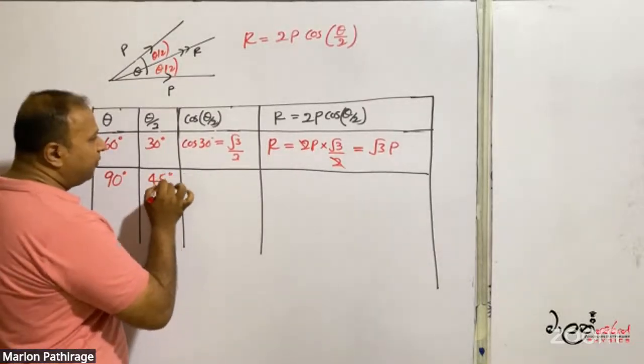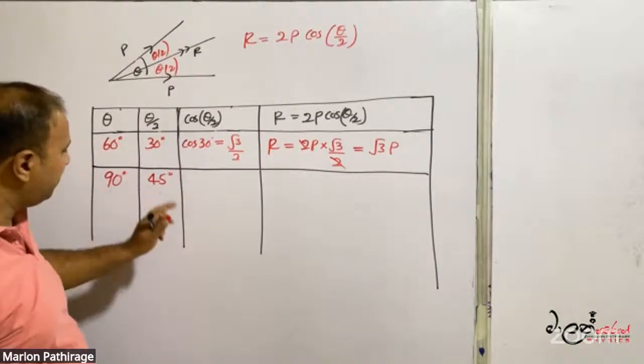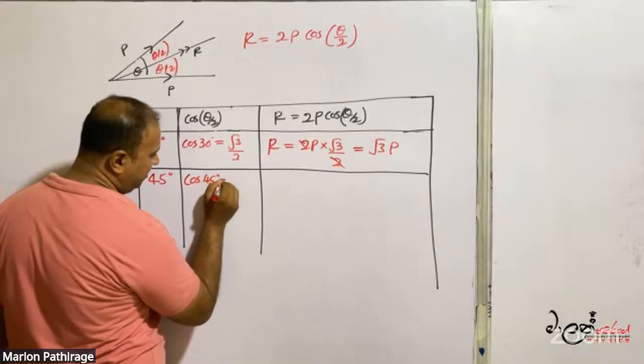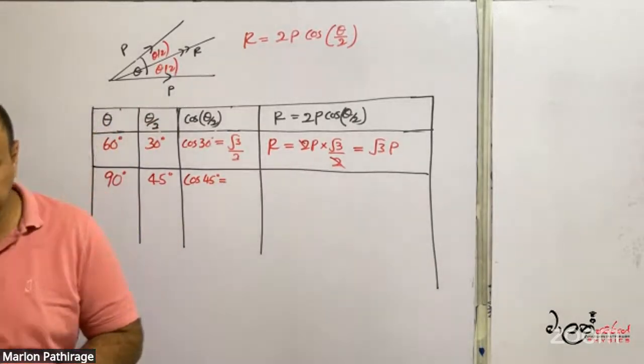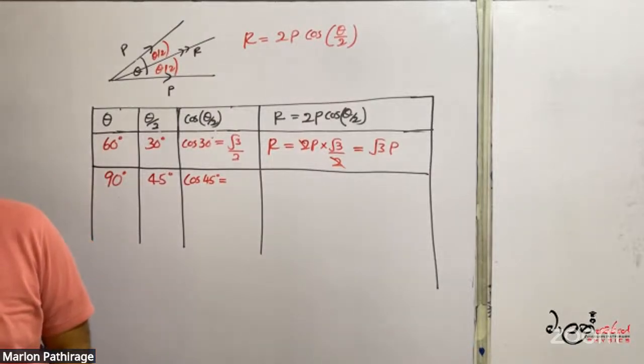Then what is the value of cos 45? Cos of the half angle, cos 45?